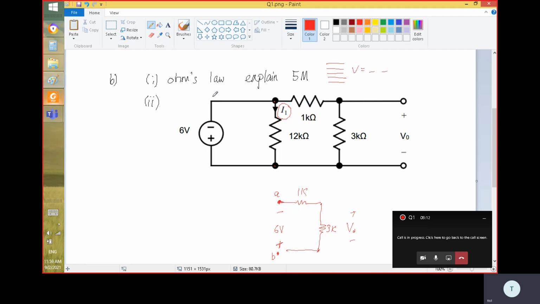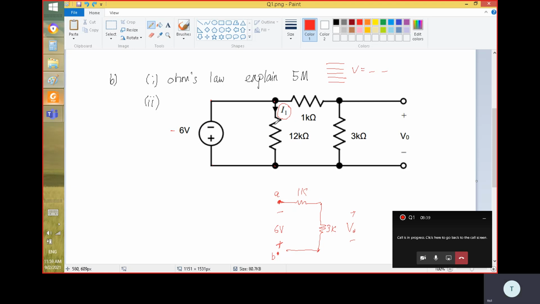As you know, this node and this node are at 6 volts, and if you pay attention to this symbol here, the positive is below. I mean, you can treat this one as minus 6 volts. Usually we put the positive here, right? So this one, you can treat as minus 6 volts.